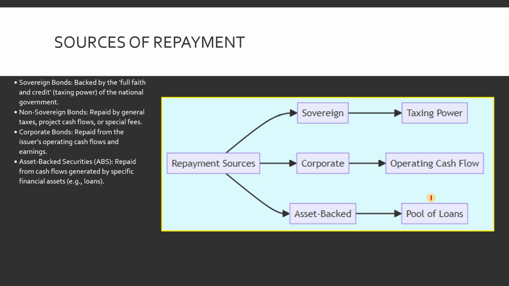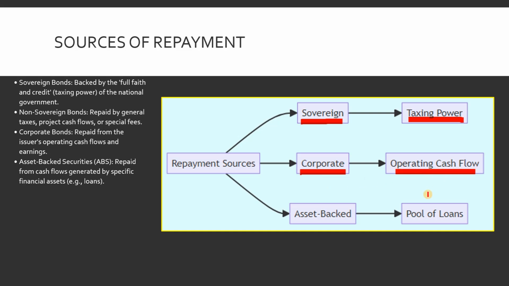So let's try to map this out again, where the money comes from. Repayment sources: one is sovereign, your government bonds, which pay from the tax power. People pay taxes and you get your repayment of the coupon. Corporate bonds, from companies like Toyota, repay from their operating cash flows.